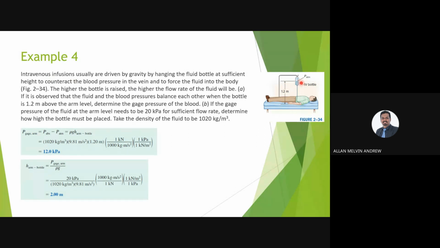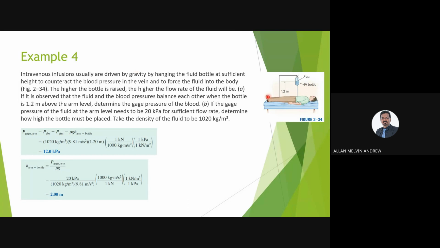Normally, the pressure from the bottle acts on the liquid so that it can enter the human body, because our body already has veins which already have a pressure. If the pressure is not high, the liquid will not enter into our body.